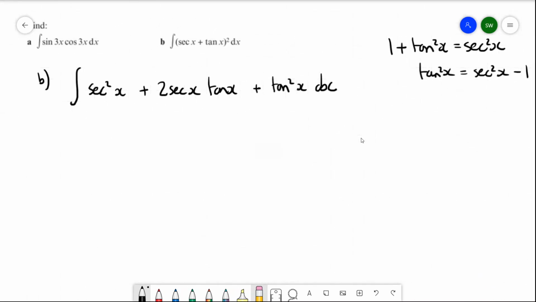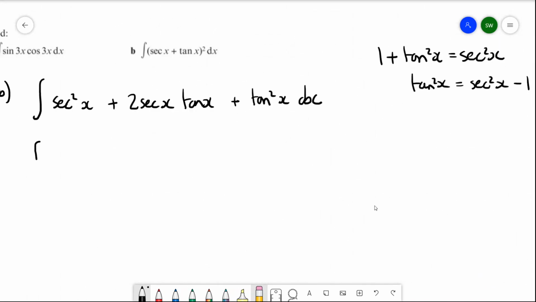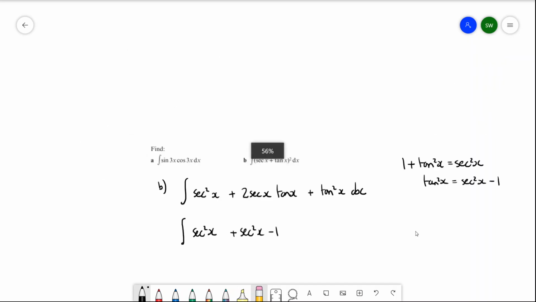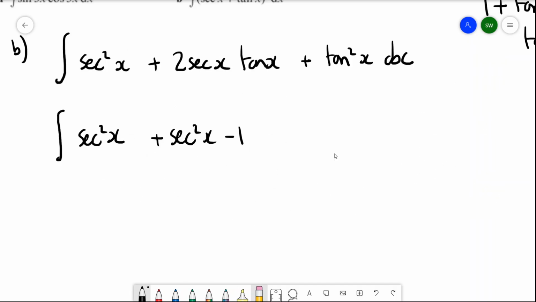So we could write this as the integral of sec squared x, and then tan squared I'm going to replace with sec squared minus 1, so plus sec squared x minus 1. And then sec x tan x is an integral that we know: sec x tan x integrates to sec x, because sec x differentiates to sec x tan x.